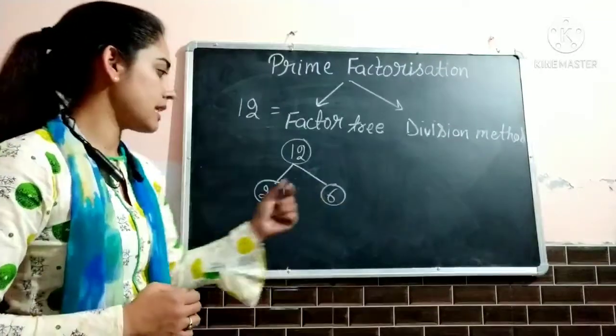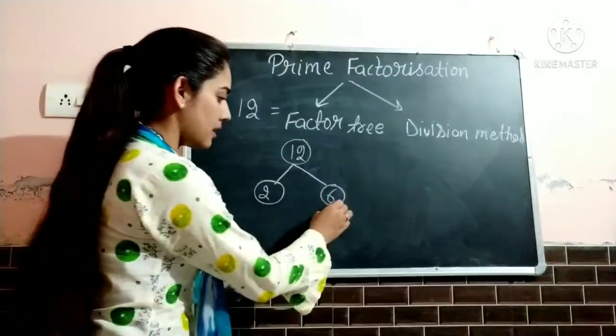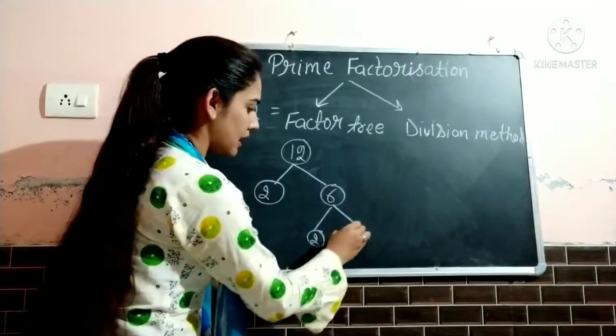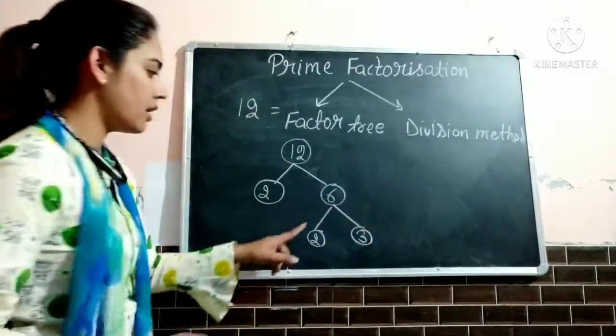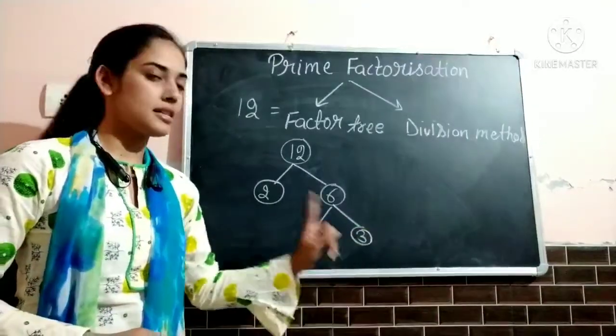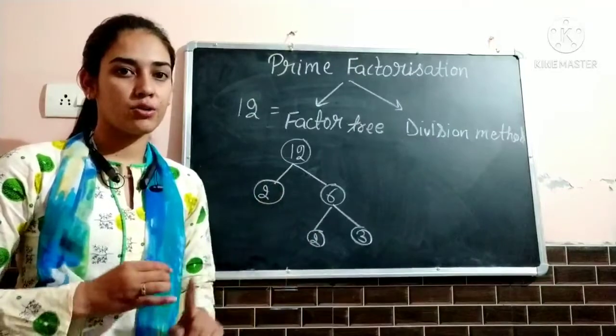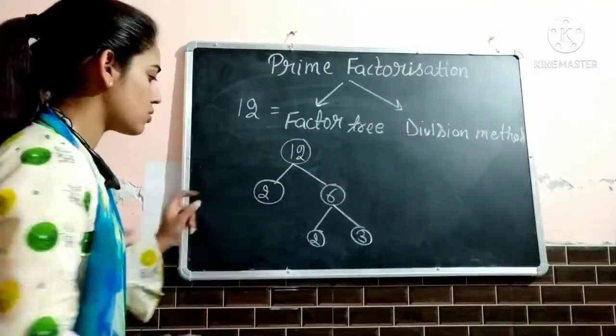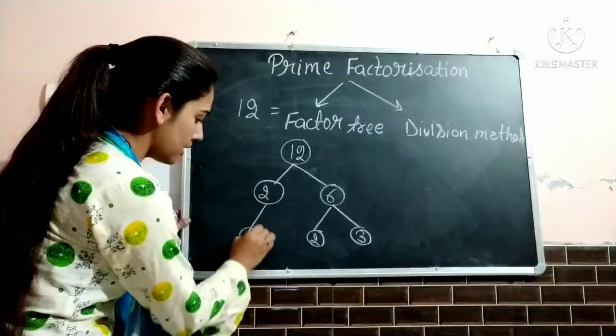So 6, we know the factors of 6 are 2 threes are 6. So just write down here 2 and write down here 3. Now look here, this 2 is a prime number and this 3 is a prime number. So now no need to break again because we get the prime numbers. Now this 2, take it down here.